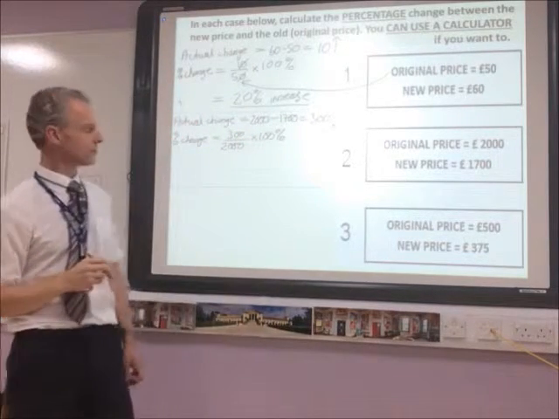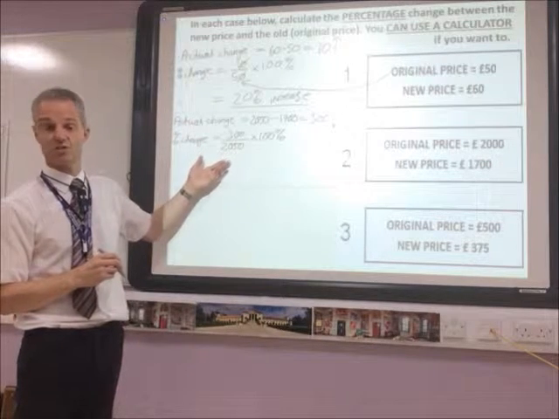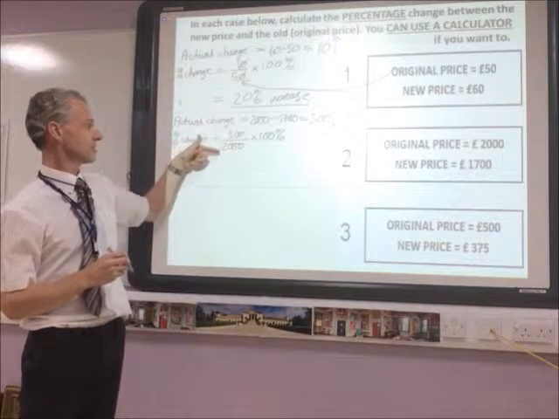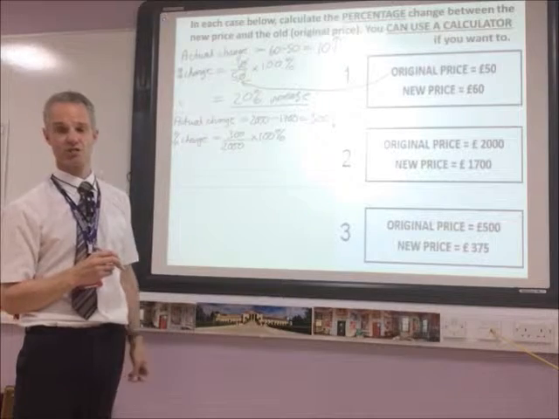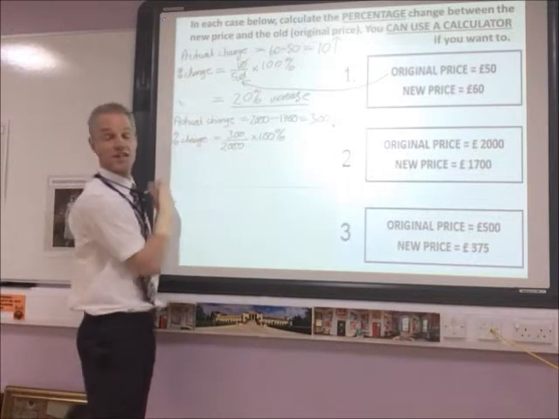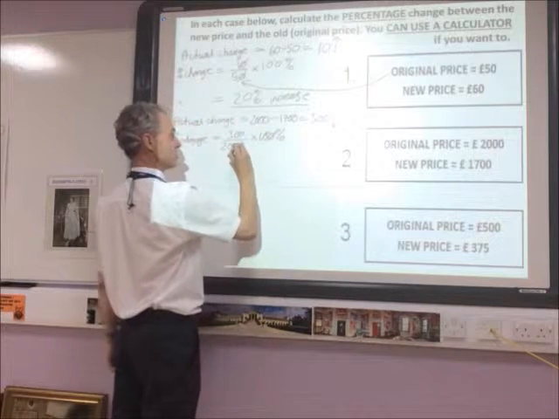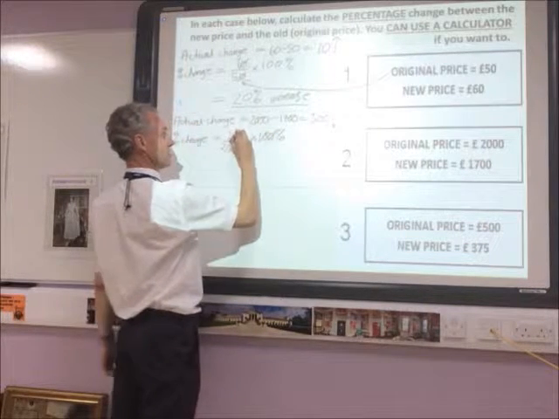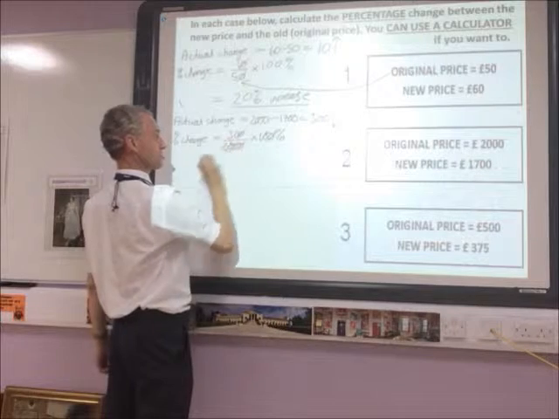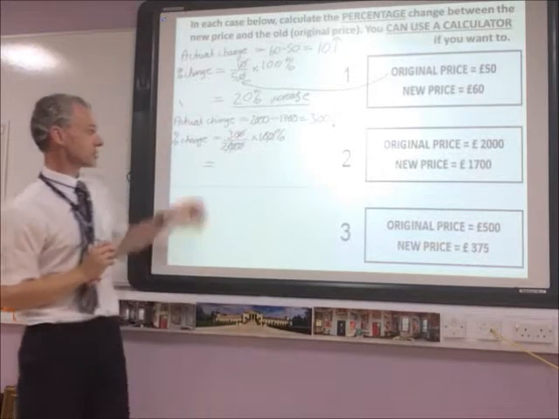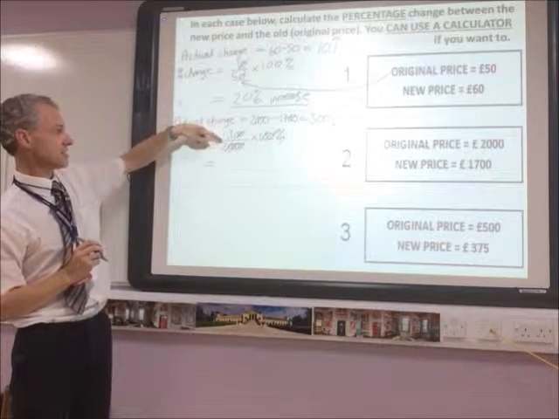Okay, so like before, I can just put that in my calculator if I want to. I could just do 300 divided by 2000 times 100 and get my answer. But I can do some cancelling down here if I want. Let's see, I'll cancel some zeros, cancel another 0 there on the top and on the bottom. So now what I'm left with is 30 divided by 2.